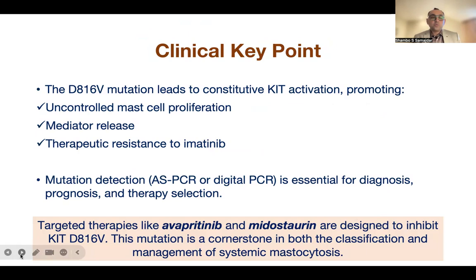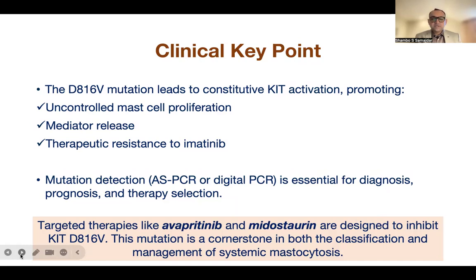So what are the important clinical points here? As we talk about the D816V mutation, it leads to constitutive KIT activation and promotes uncontrolled mast cell proliferation and mediator release, with therapeutic resistance to imatinib. If there is a mutation detection with ASPCR or digital PCR, that is important for diagnosis, prognosis, and therapy selection.